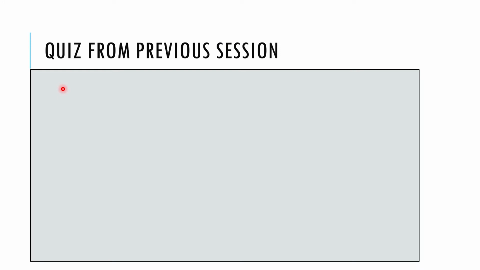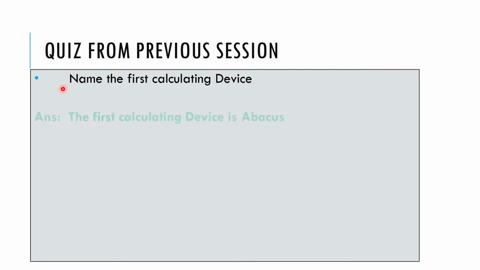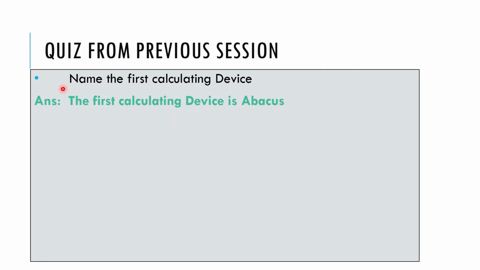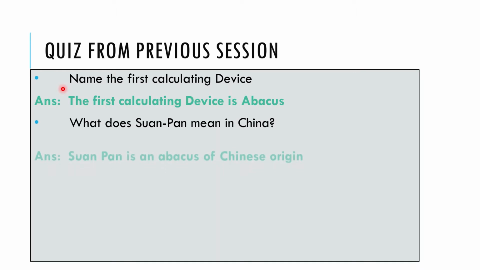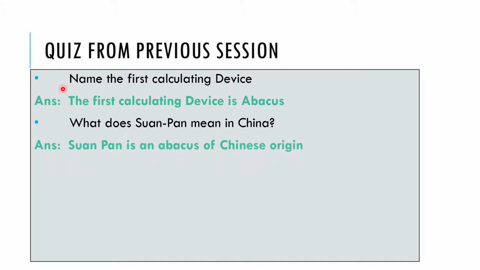The question which we raised in the last session, the first one was, name the first calculating device. And the answer is, the first calculating device is abacus. The second one, what does Swan Pan mean in China? And the answer is, Swan Pan is an abacus of Chinese origin.